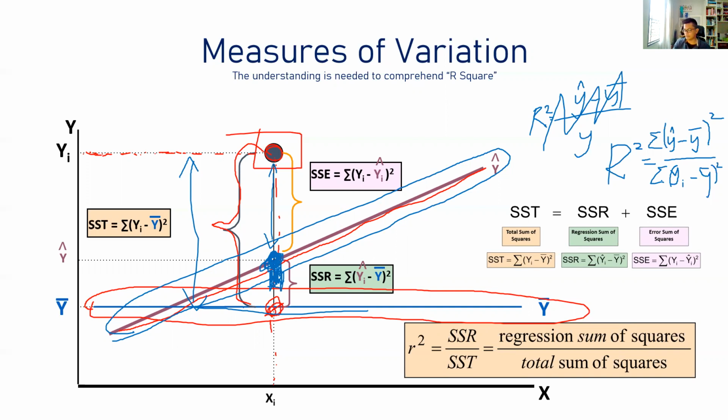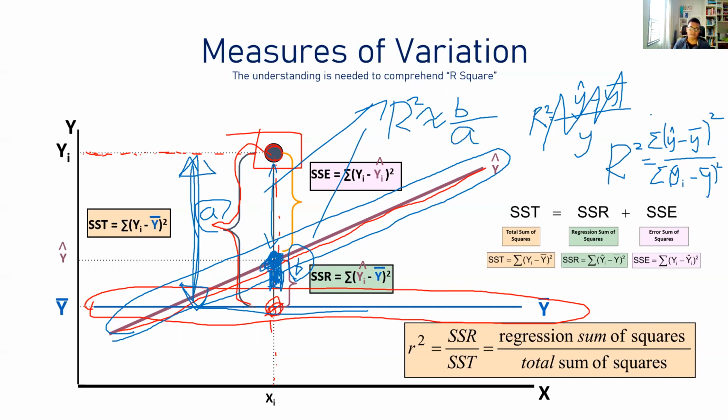If I use the mean value like this, let's say that this is A. If I use regression, then it will be improved by B. And R squared is related to how good the improvement that I will get if I use regression, divided by if I use only the mean function approach.